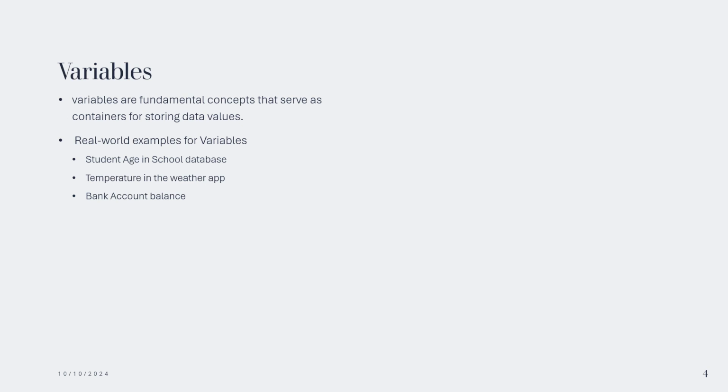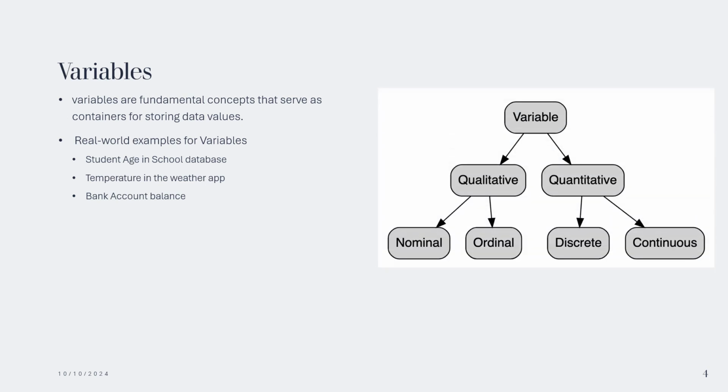And then bank account balance. For example, let's say you have a bank account, and that bank account has some money, for example 10,000 rupees, 20,000 rupees. That's a value, and that's a variable in terms of computer language. And this graph shows how variables are divided into two different groups: qualitative and quantitative.